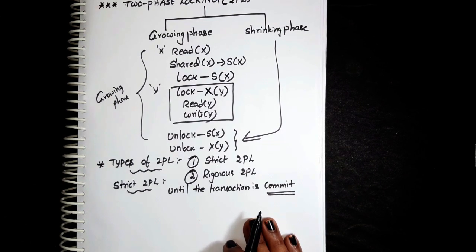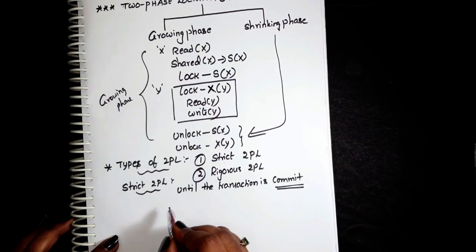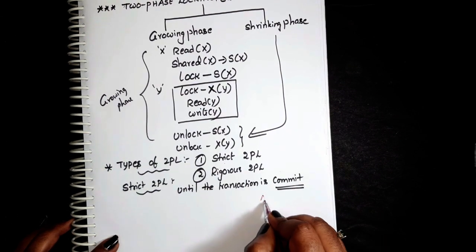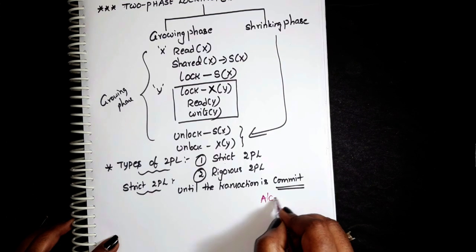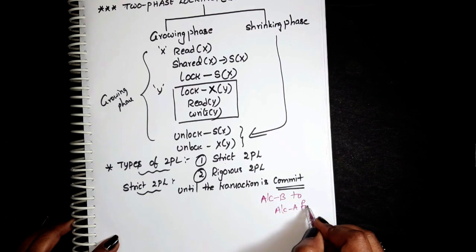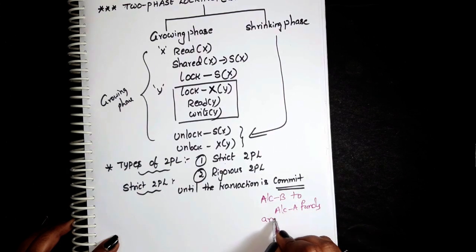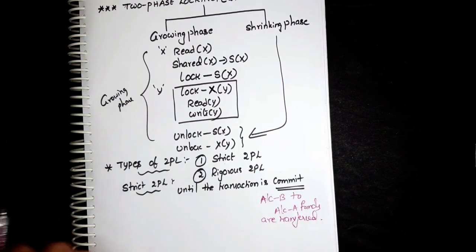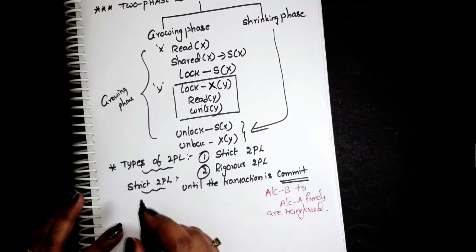In the last video we saw the example of a concurrency control mechanism, where funds are transferred from account B to account A. Now let's see how you can place the different types of locks.